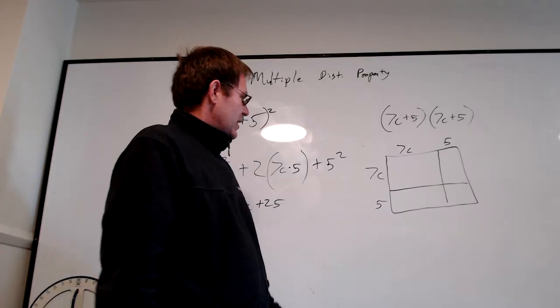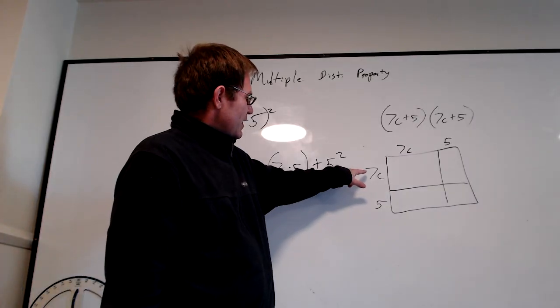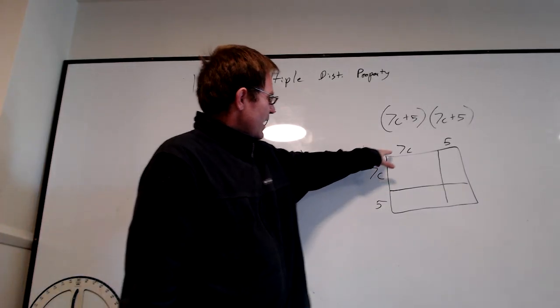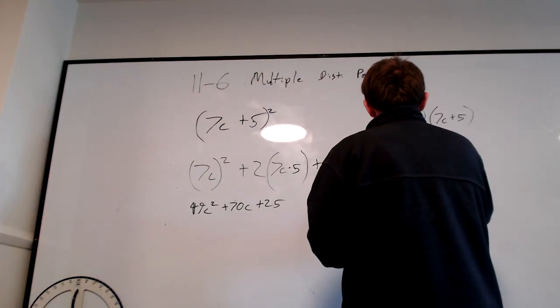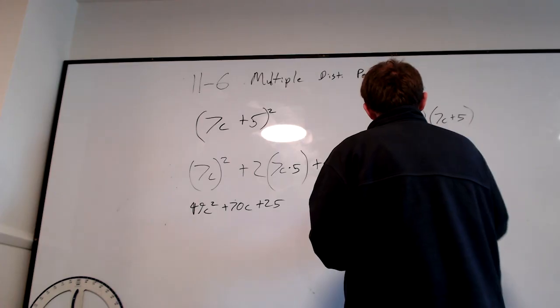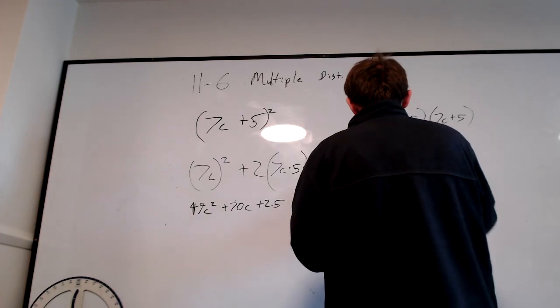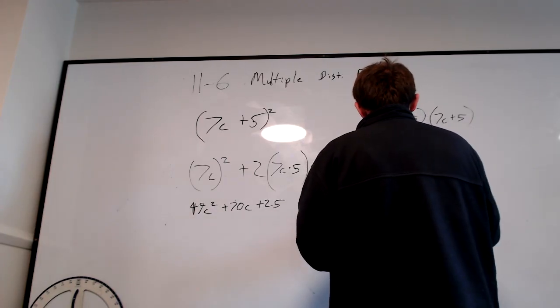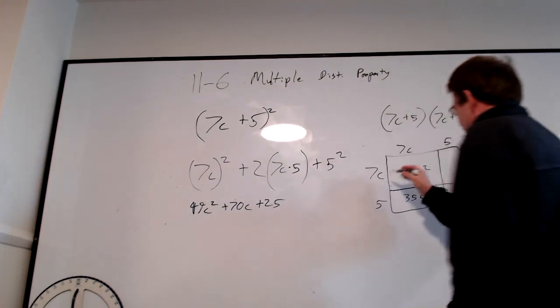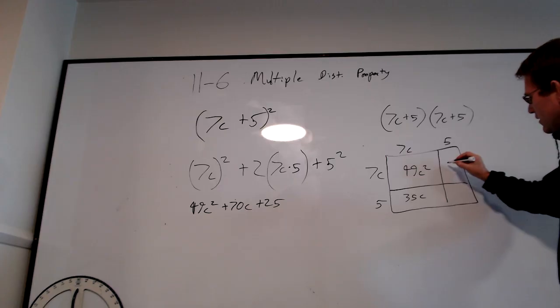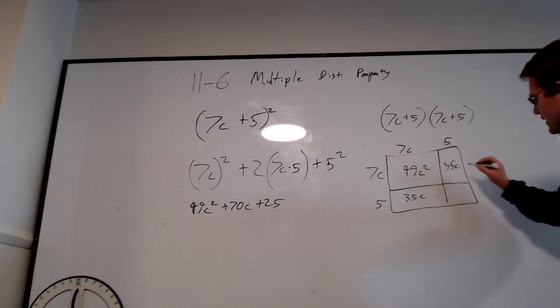If we take 7c times 7c, that's going to be 49c squared. If we take 7c times 5, that's going to be 35c. We take 7c times 5 over here, that's 35c.